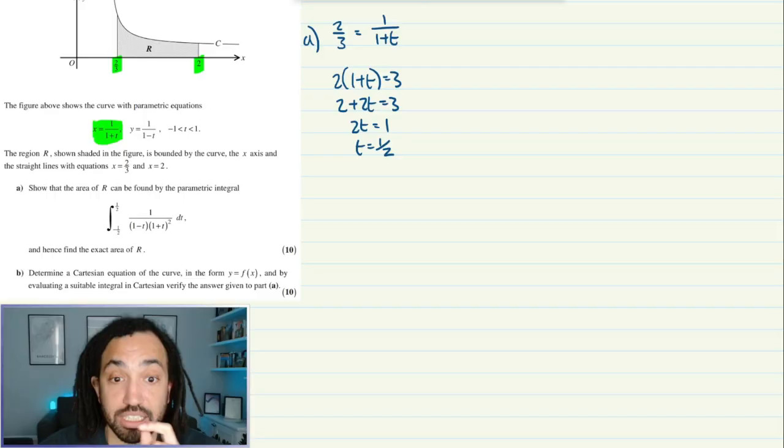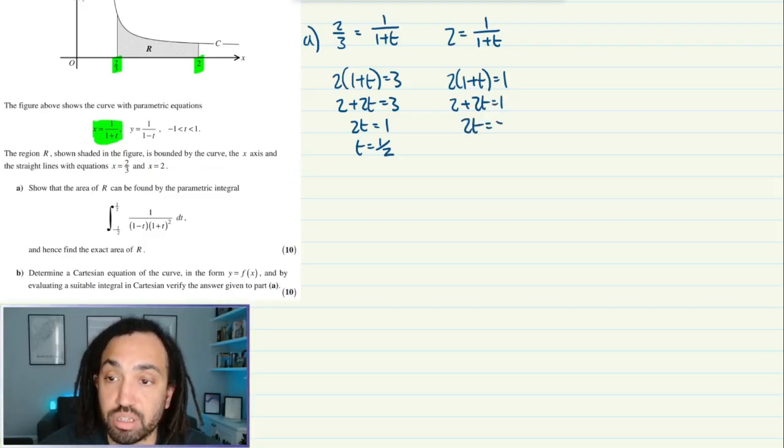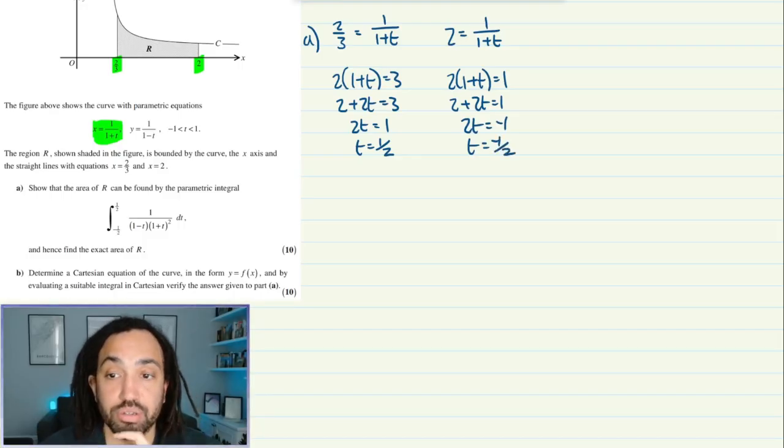And then I could do that as well for the other limit. So that's 2 is equal to 1 over 1 plus t. I could again multiply up like so, and then I can expand these brackets, and then I can subtract the 2, and then I can divide through by 2, and I get the other limit is that t is equal to -1/2.